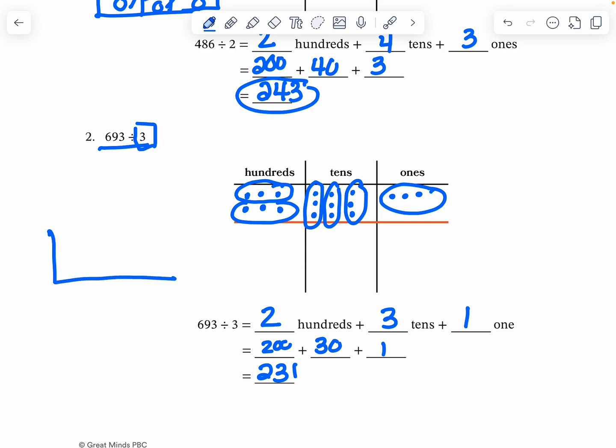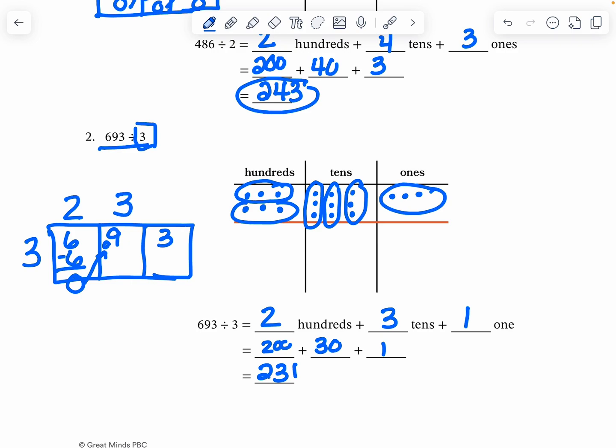Or using box division, 3 will go into 6 2 times. 2 times 3 is 6. Subtract. Bring up. 3 will go into 9 3 times. 3 times 3 is 9.